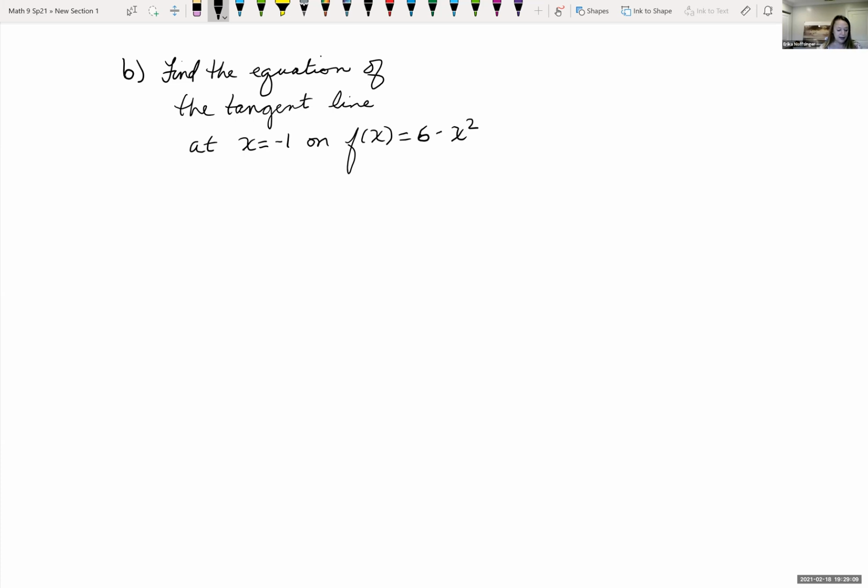So we needed a point for our equation of a line, and we need the slope.